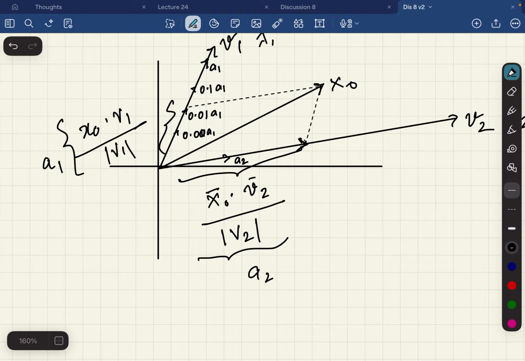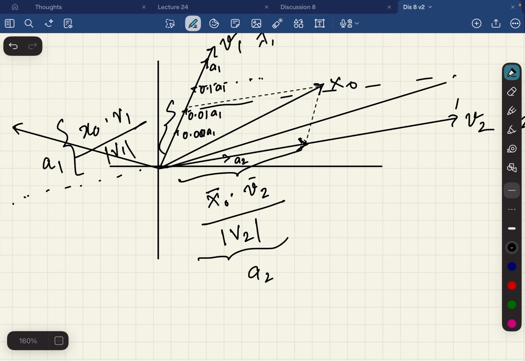And so what will happen? After the first multiplication, your vector is going to be here, and then the negative component is going to be somewhere here. So you travel this, so A times x naught comes somewhere here. Then next time it will come here, and now it goes there.